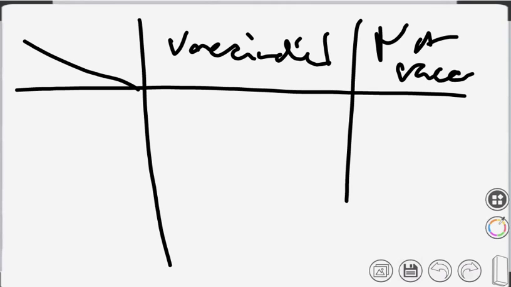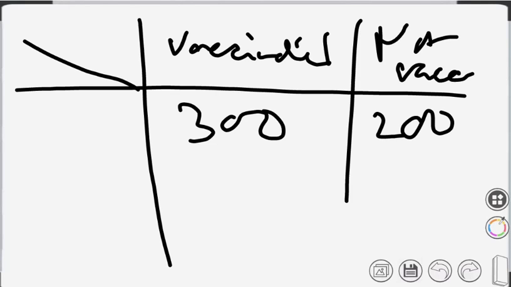So out of 500 people, 300 people are vaccinated and 200 people are not vaccinated, not given the vaccine.